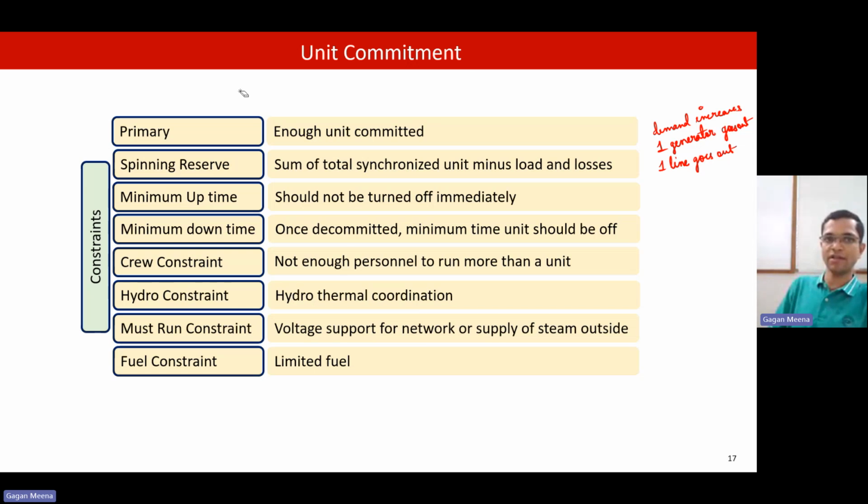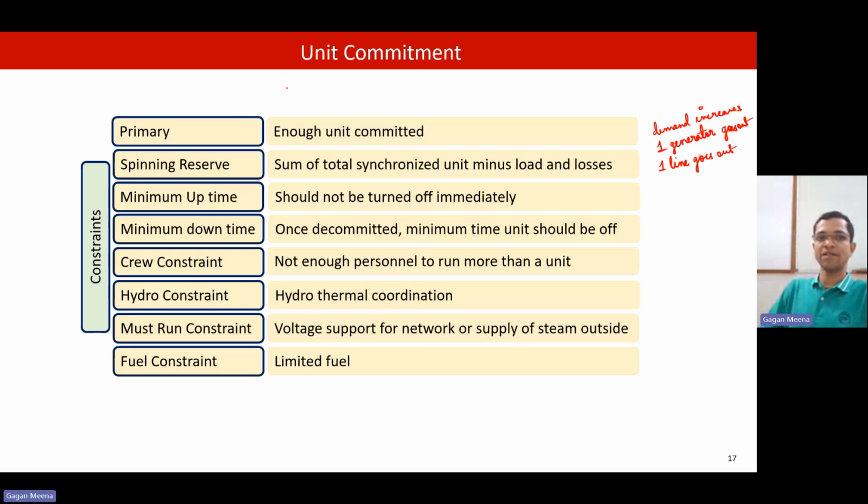The next constraint is the minimum uptime constraint. These two constraints are important, and their modeling is a little bit difficult. They involve more binary variables to keep track of on and off status, and also startup and shutdown.